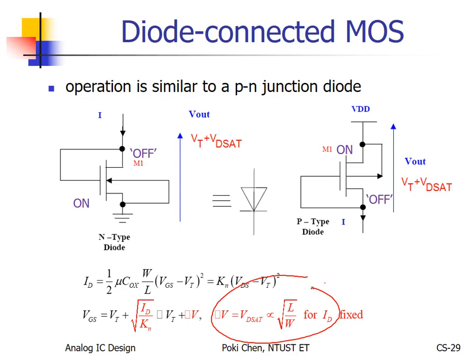The delta V of the so-called VDS saturation is proportional to the square root of L over W. Why do I need to highlight it?